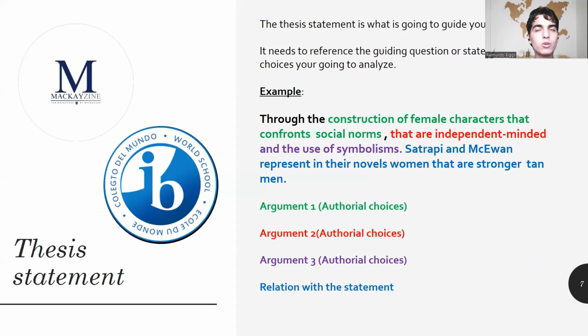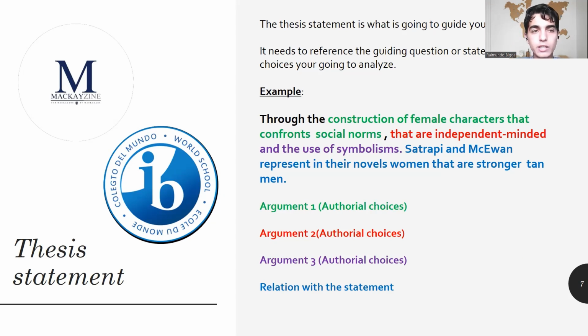And remember, you need to analyze the literary features, not narrate the story again. This is very important. This is why I told you, it's better if you already have identified all the authorial choices in your novels and what themes they represent.